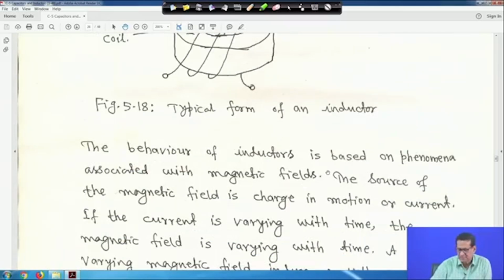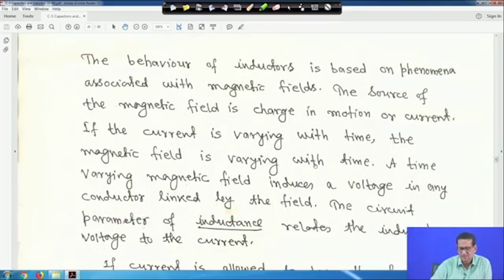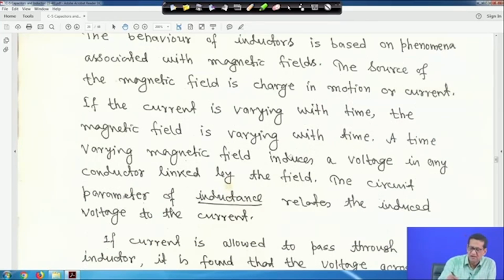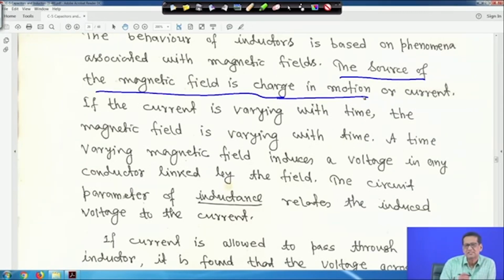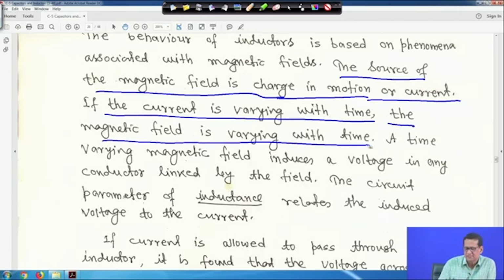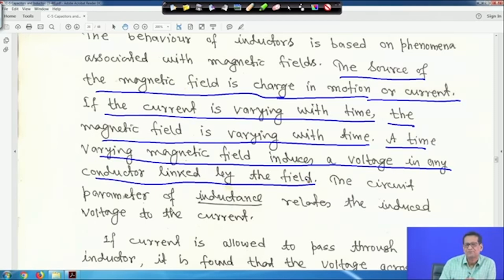The behavior of an inductor is based on phenomena associated with magnetic fields. The source of the magnetic field is charge in motion, that is current, i equal to dq by dt. If the current is varying with time, then the magnetic field is varying with time. A time varying magnetic field induces a voltage in any conductor linked by the field, this you know.